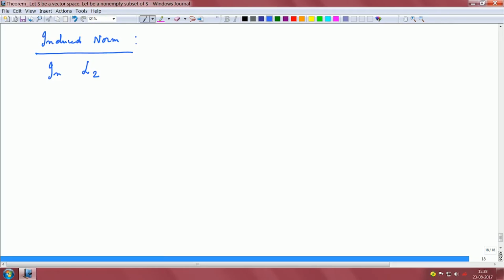So, in L2, for a vector x belonging to Rn, it is an n dimensional vector, if we look at the inner product of x with itself and take the square root of this quantity, this basically is the norm of x.